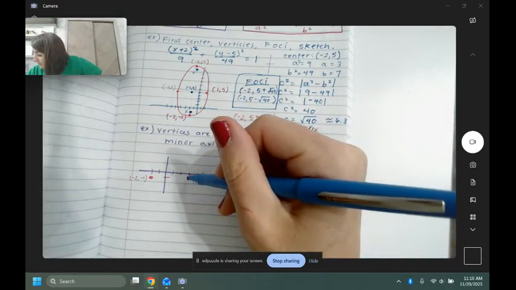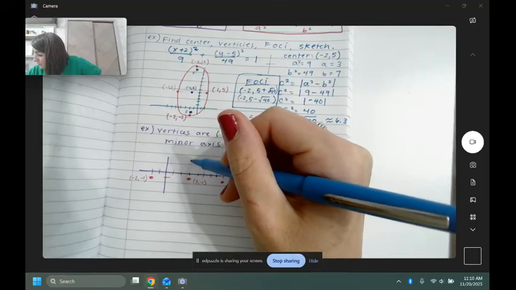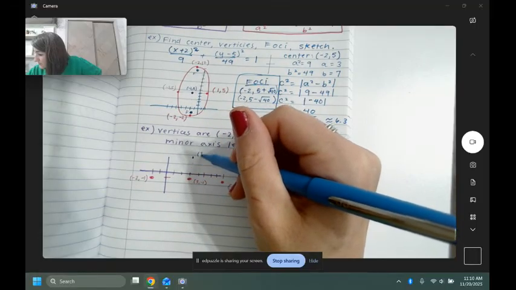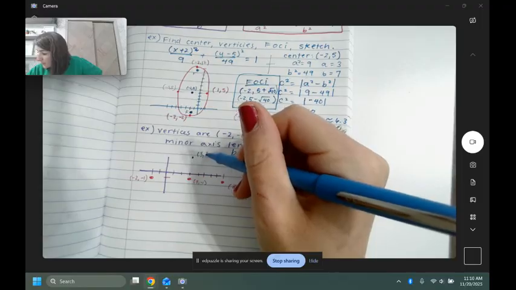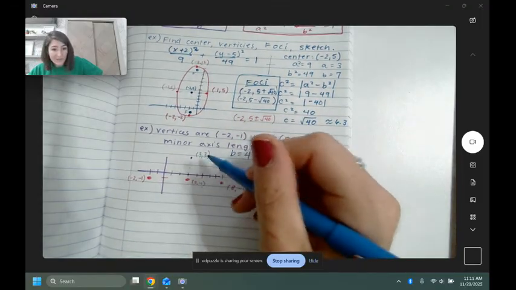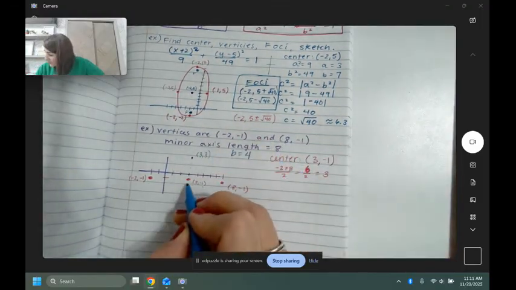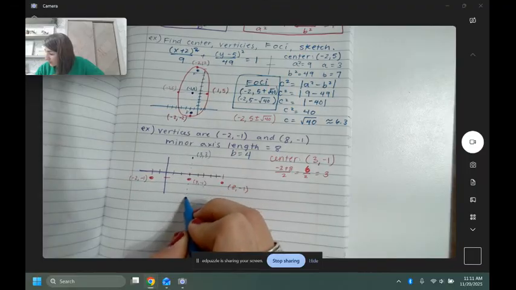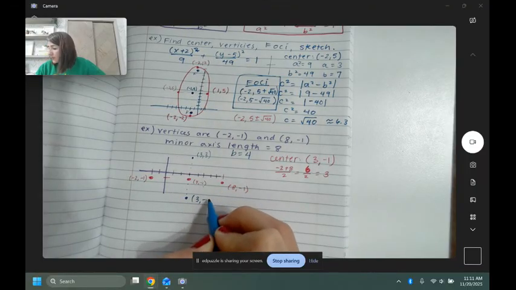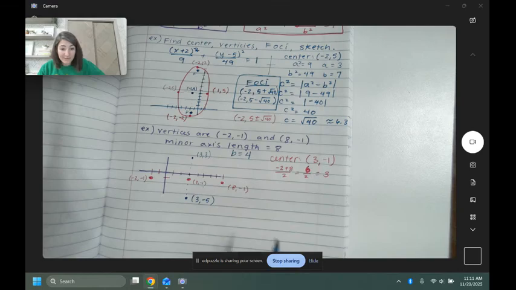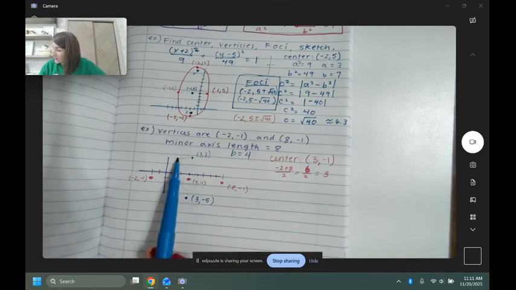So from here, I'm going to go up 1, 2, 3, 4. This is the point 3, 3, because -1 plus 4. And down 1, 2, 3, 4. This is the point 3, -5, because it went -1 minus another 4. So your ellipse is like this.